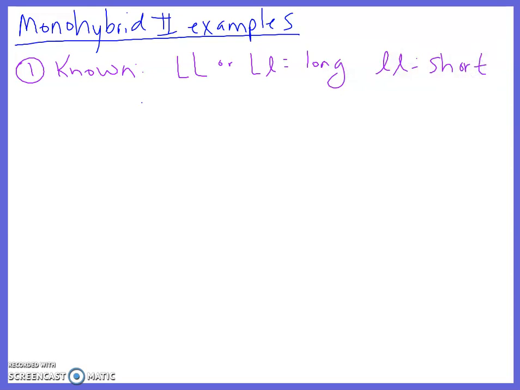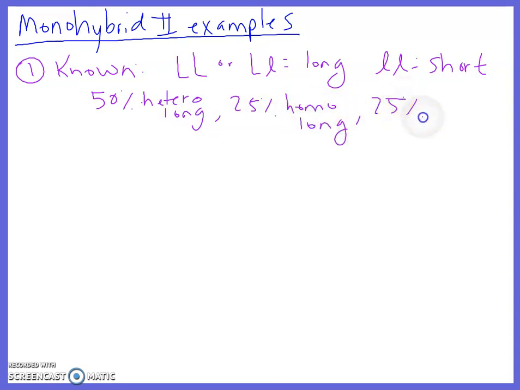Problem number 1 specifically says if 50% are heterozygous long-winged, so we know 50% are hetero-long, we have 25% that are homozygous long, and then we have 25% that are short.